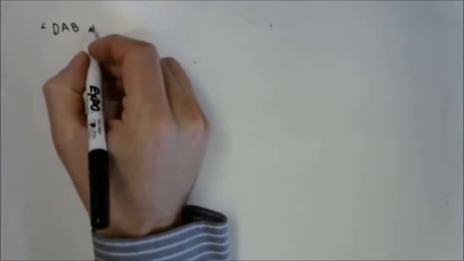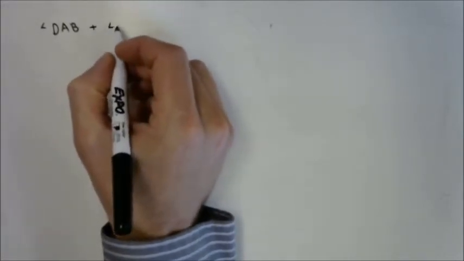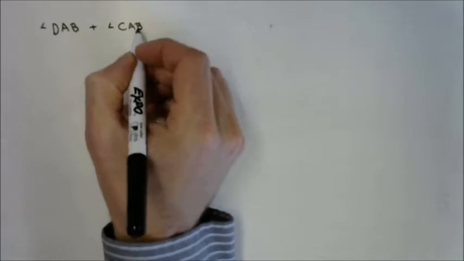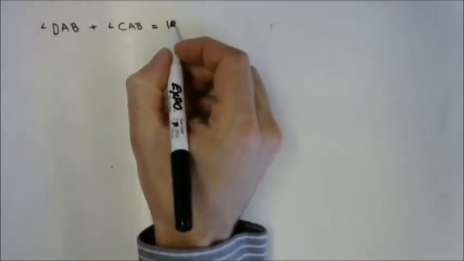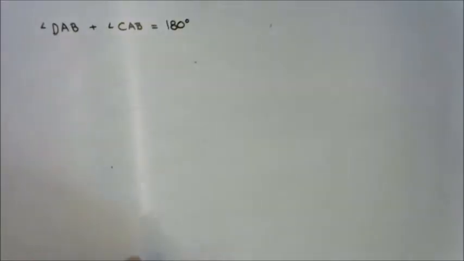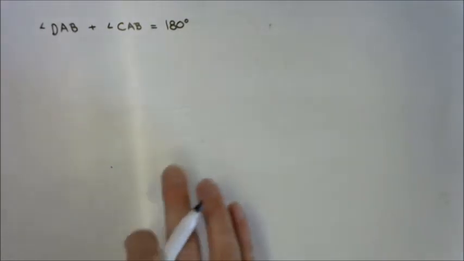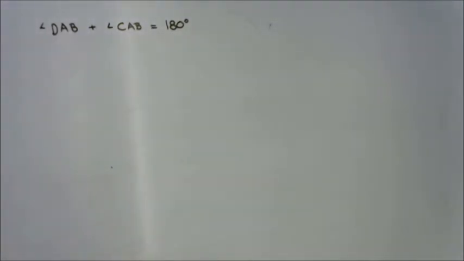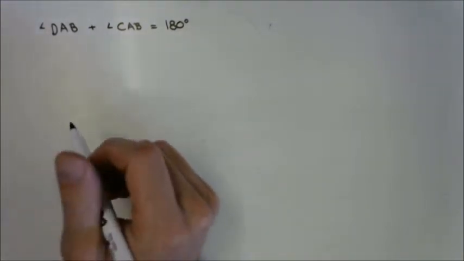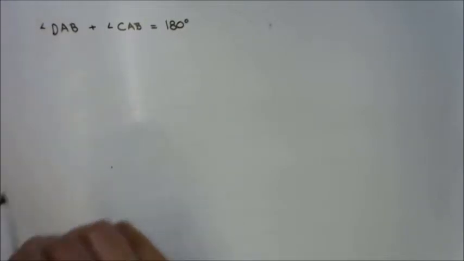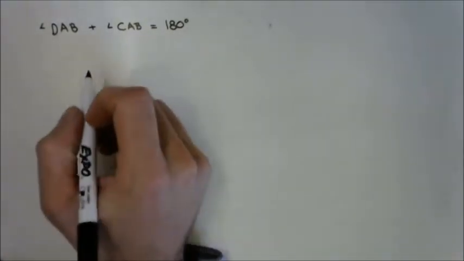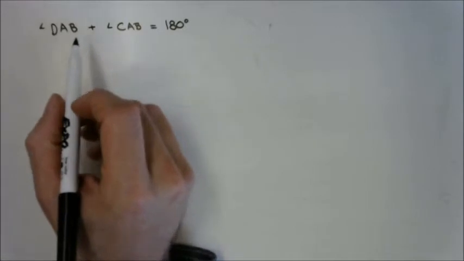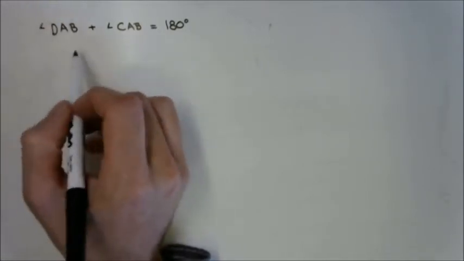Okay, so we know that angle DAB plus angle CAB equals 180 degrees. How do we know that? Because it's supplementary. Because the interior angle plus an exterior angle is always going to be 180 degrees in a triangle. Well, in any polygon. Let's do some algebra because I want to find the measure of DAB.